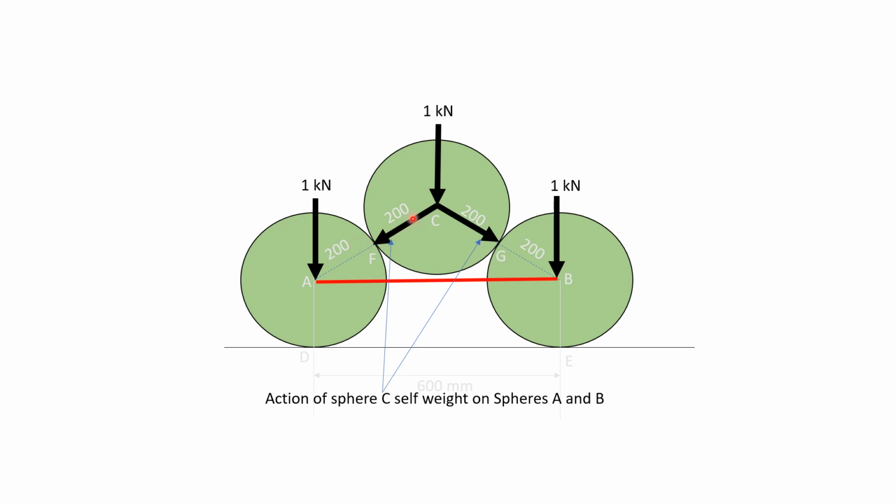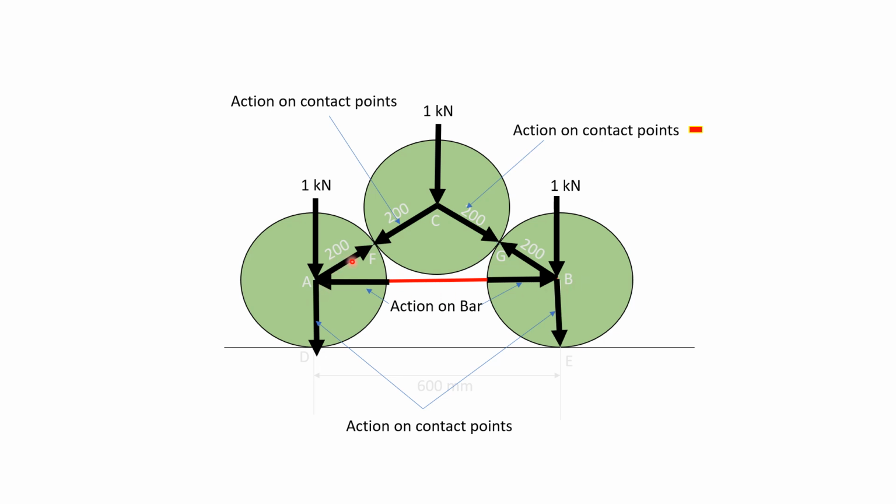This is the action of 1 kilonewton on spheres A and B, and these are the reactions. This is the reaction from A and B on C. This is the action on the string, and these are the actions at contact points D and E.